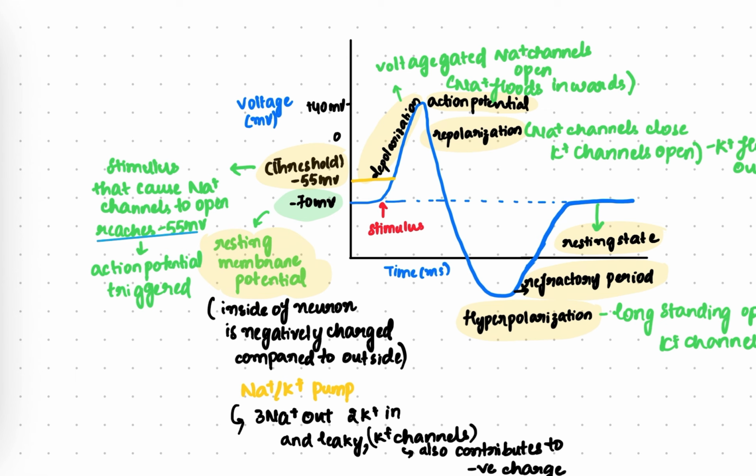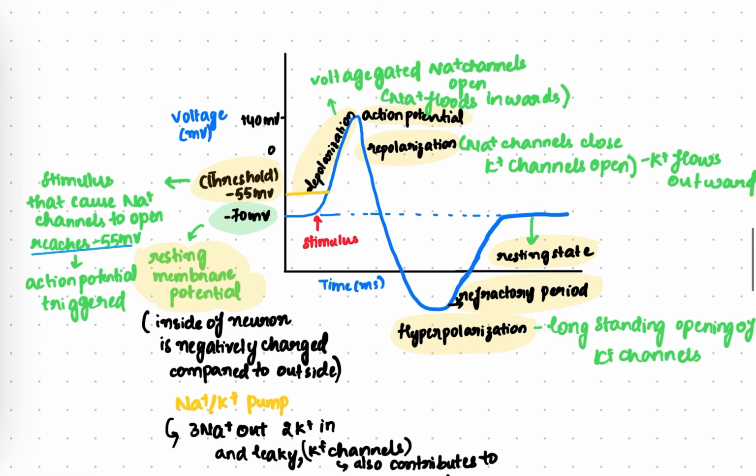Here the voltage gated sodium channels open, causing depolarization of the cell. So sodium is flooding inwards, and that's why more positive charge is coming inwards. It will reach a voltage up to plus 40 millivolt. The next phase is that the sodium channels close and the potassium channels open. Sodium channels close, so there is no incoming sodium.